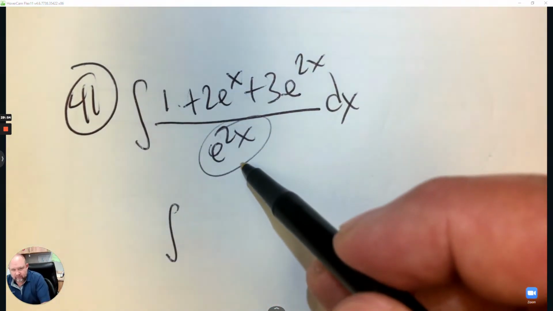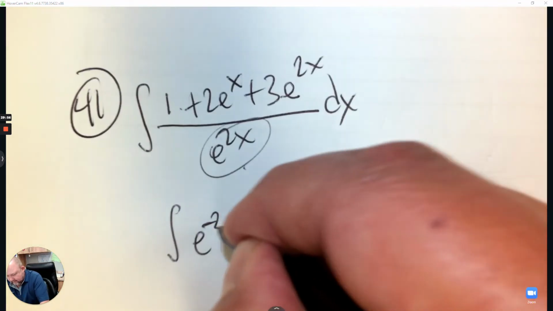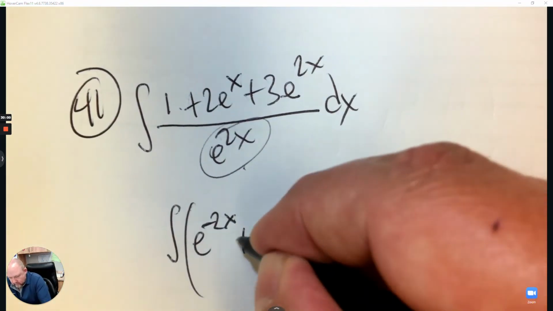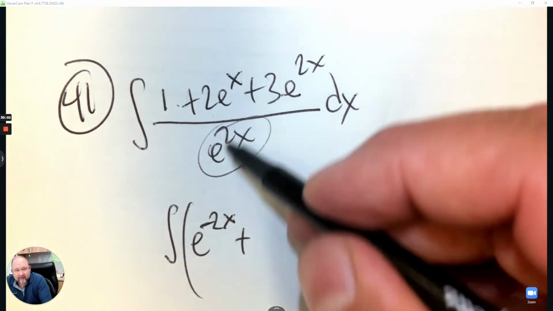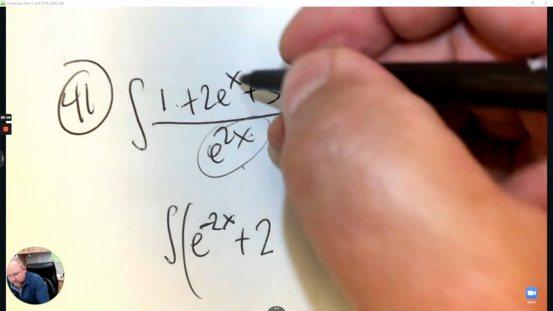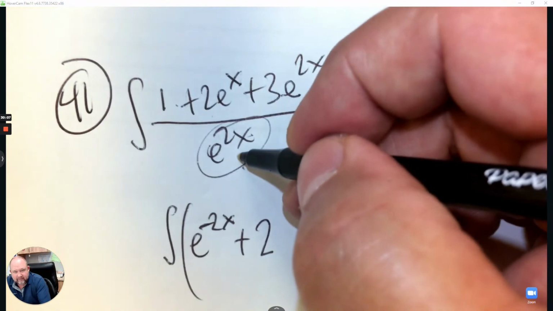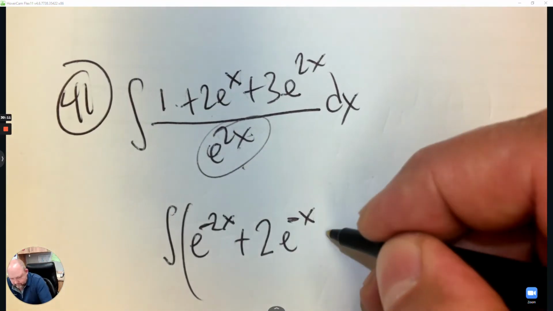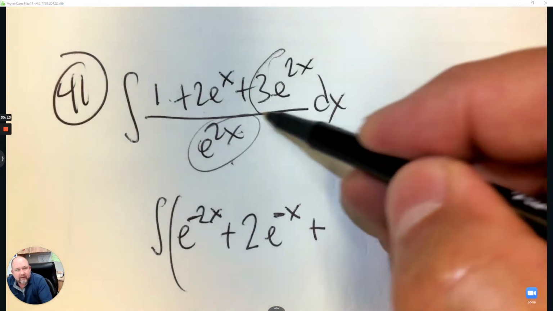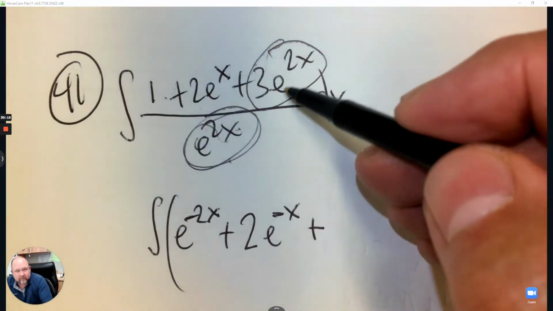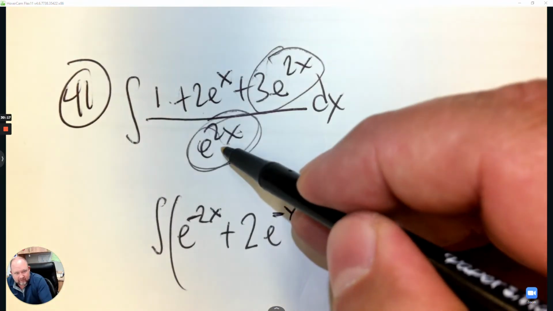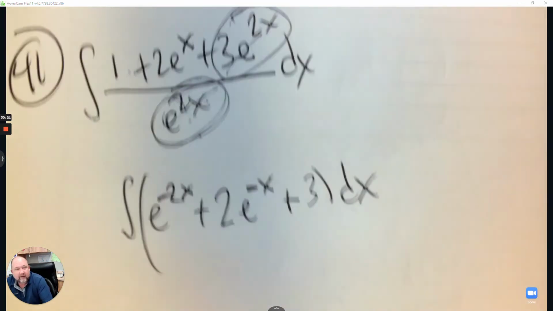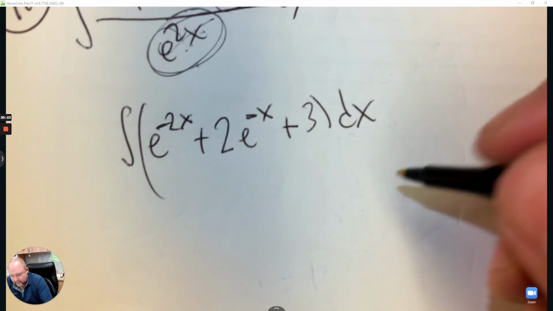So 1 over e to the 2x is e to the negative 2x. Then x minus 2x would be negative x. And then e to the 2x divides out, leaving me just with 3. So that's what I'm going to integrate.